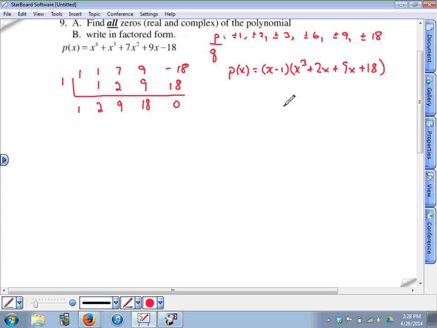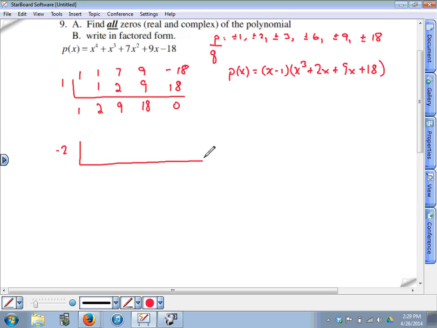So I'm going to test, let's see if I'm feeling lucky. -2. I'm not feeling lucky. I just checked the answer key, so I know -2 is going to work. But you might have to go through a couple of these that don't work in order to find the ones that do.